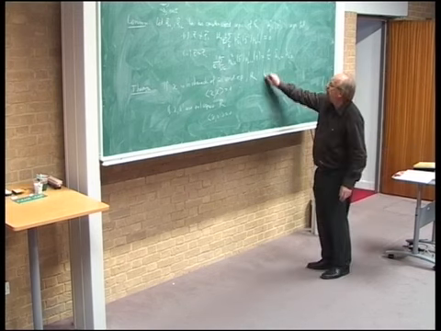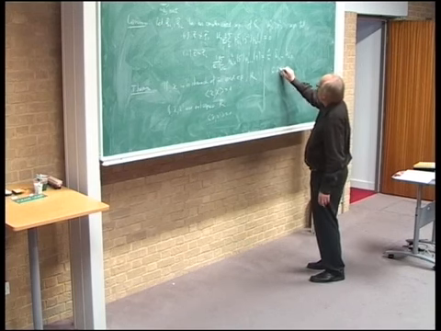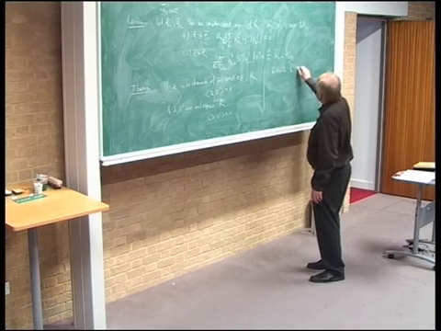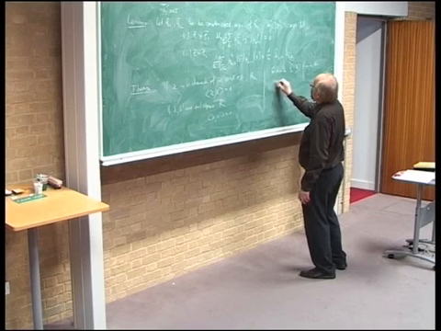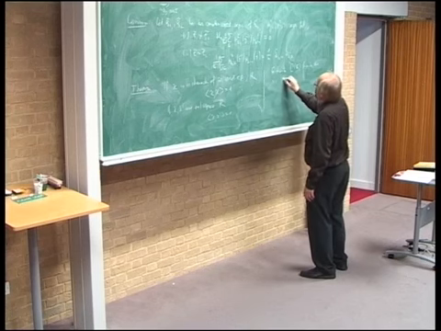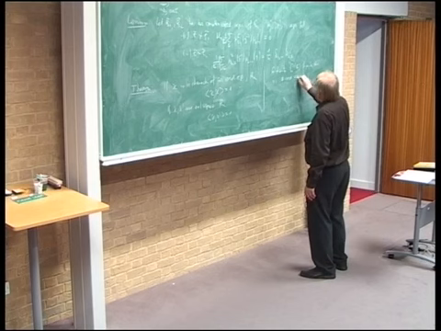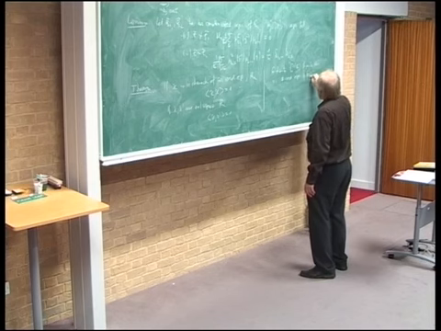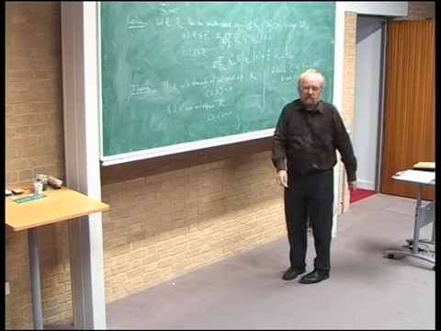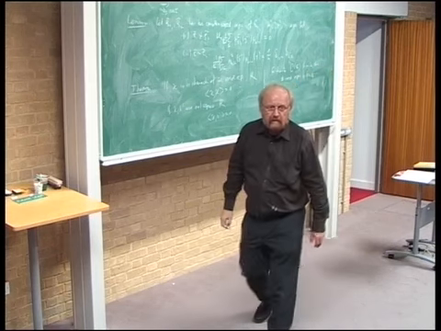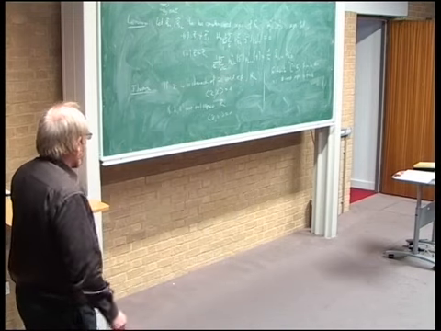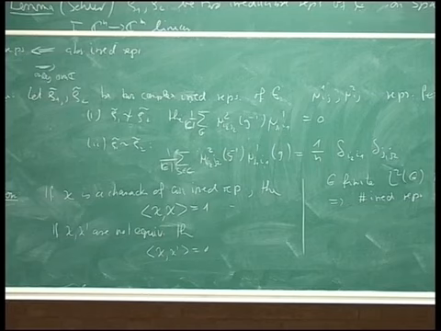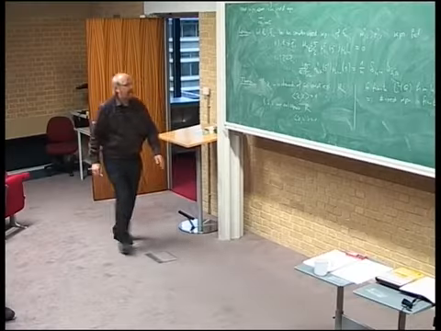And for a finite group, G finite, L2 of G is finite dimensional, and this implies the number of irreducible representations is finite. Because the number of linearly independent characters with these properties is a finite number.